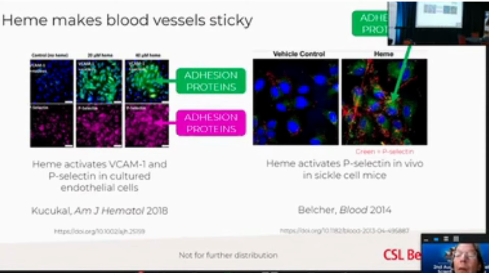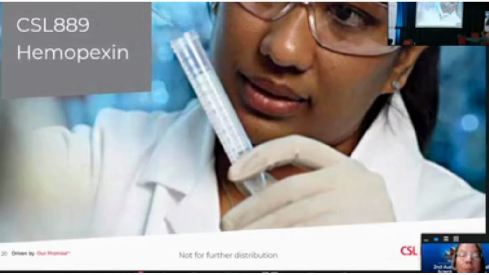But over on the right, after the sickle cell mice were injected with free heme, you can see green staining, and this green staining in this case is P-selectin. So it's quite clear that P-selectin is activated in vivo in sickle cell mice, and actually other adhesion molecules are also activated in parallel.